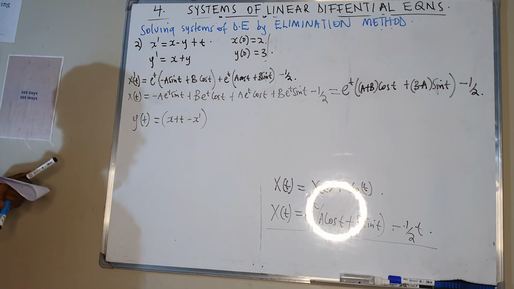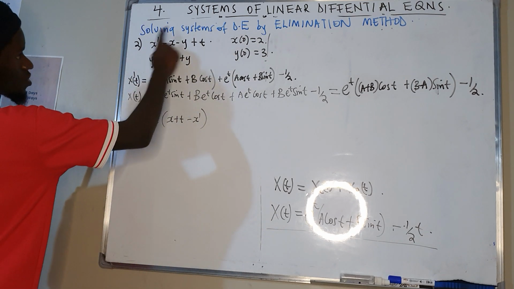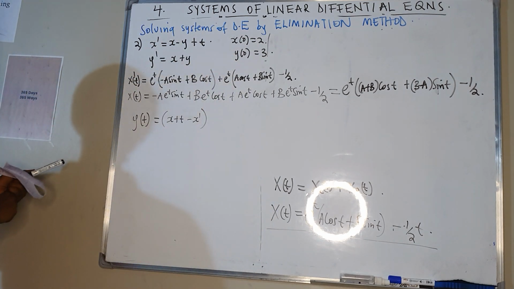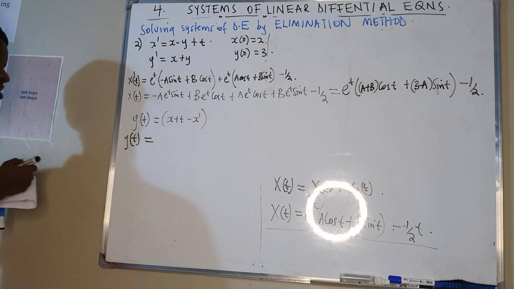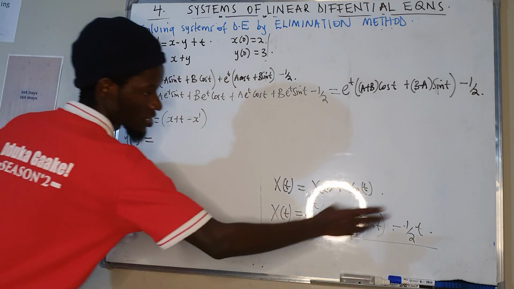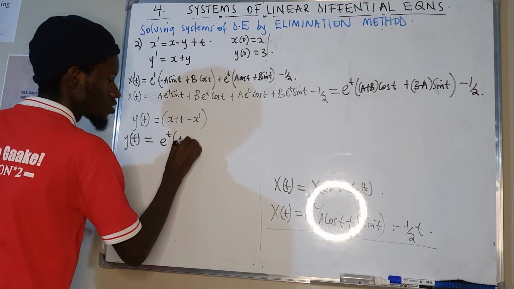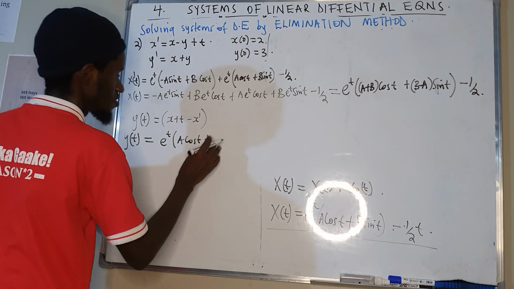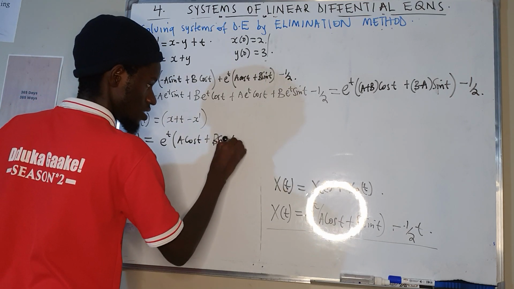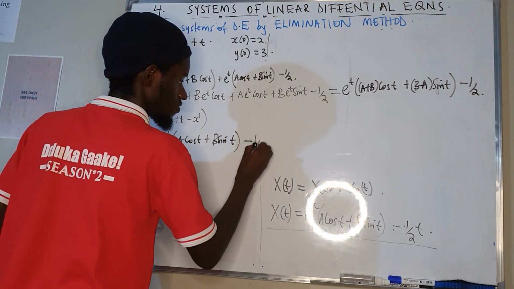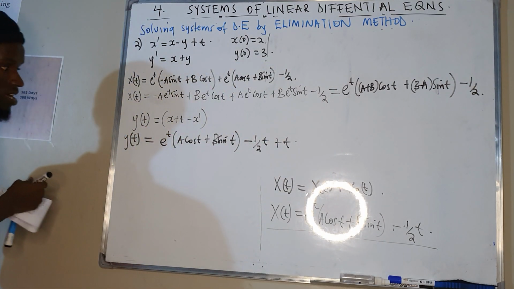Now coming back to my y at t, I made y the subject from this equation up there by bringing this y to this side and bringing this to that side. Therefore, from here, I'll be able to write that my y at t is the same as x. My x is what? This is my value of x: e power t into a cos t plus b sin t minus a half t, then plus t.